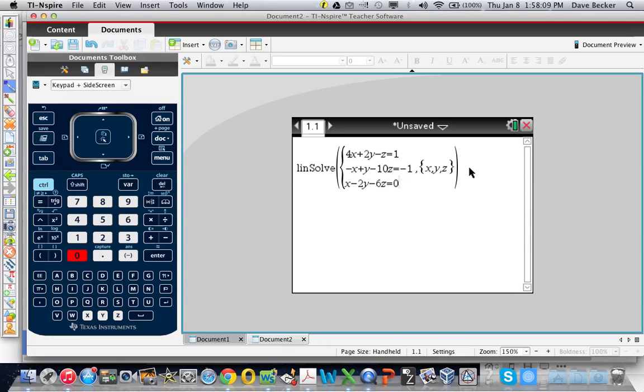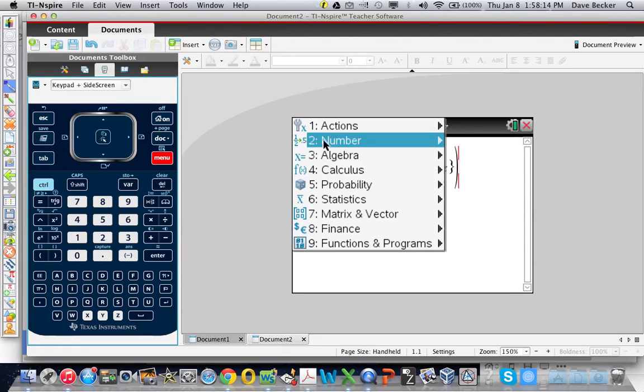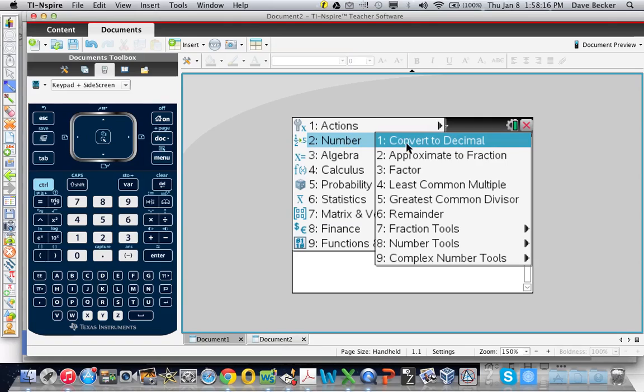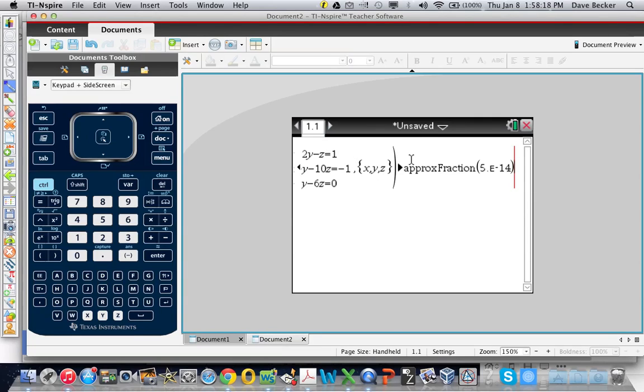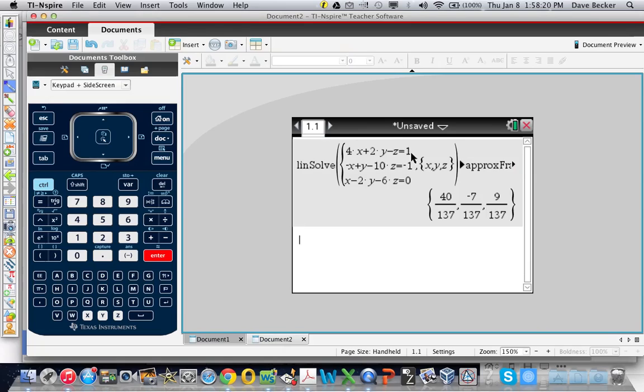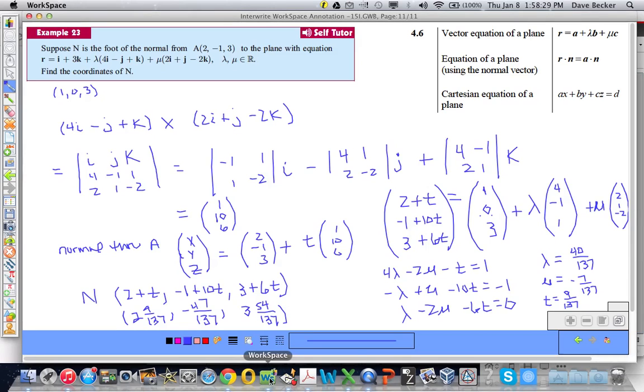And I want to have those as fractions. So I'm going to go menu, number, approximate to fraction, and I'm going to do enter. And there we go. 40 over 137, negative 7 over 137, and 9 over 137. Let's just double check that. There they go. We are done with that.